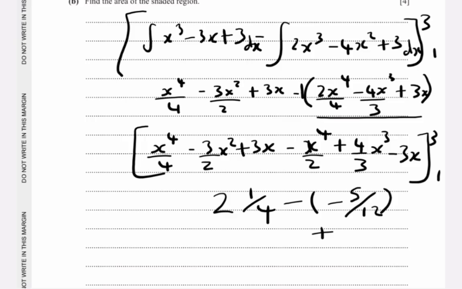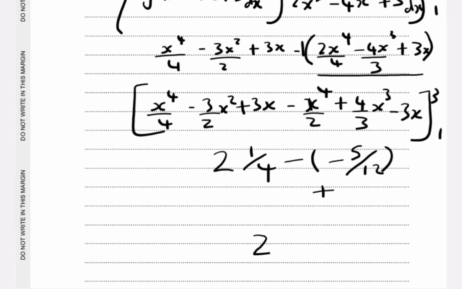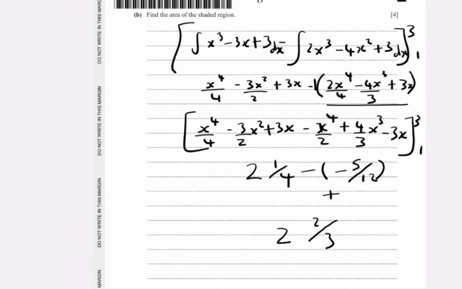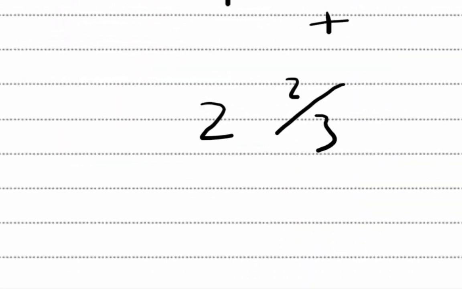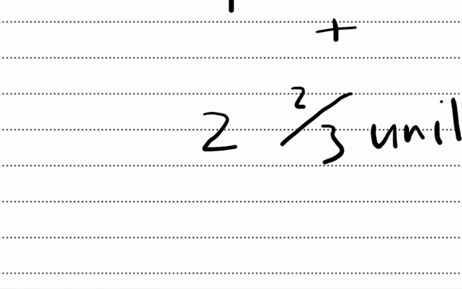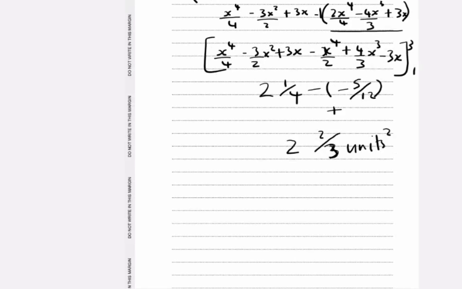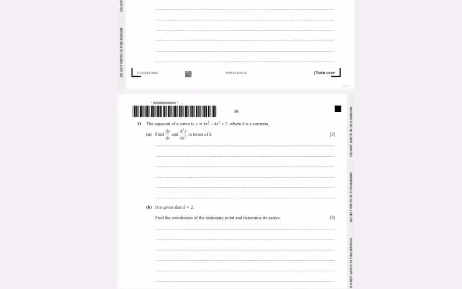So this plus 2¼ is giving us 2 2/3, and this is area, so units should be squared. 2 2/3 square units.